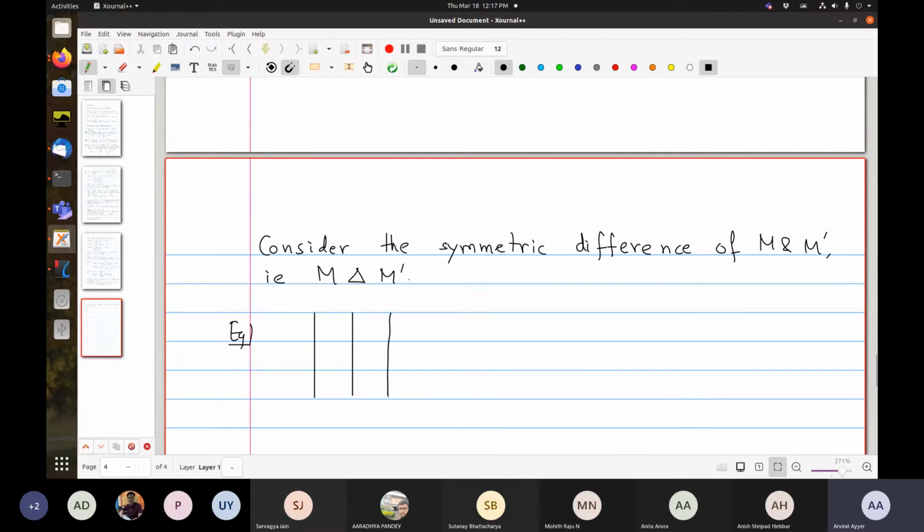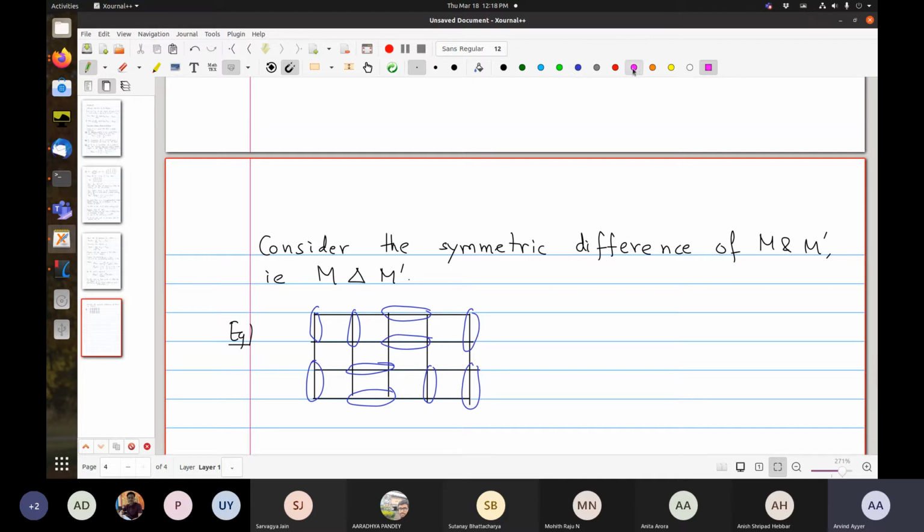Let me take a graph, and let me take a grid graph, and I will draw two perfect matchings. Okay, so here. Okay, that's one.